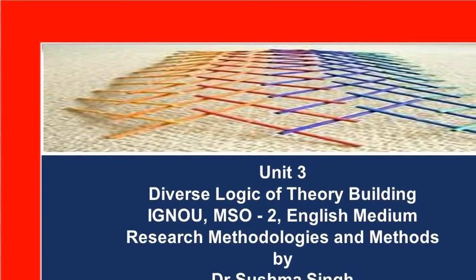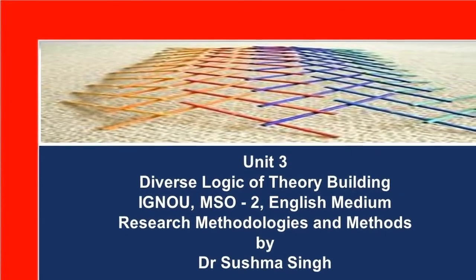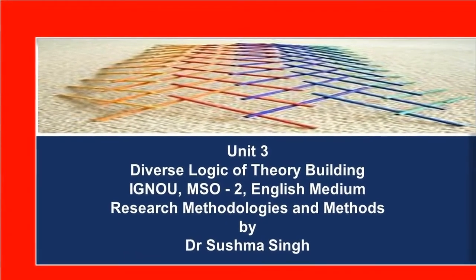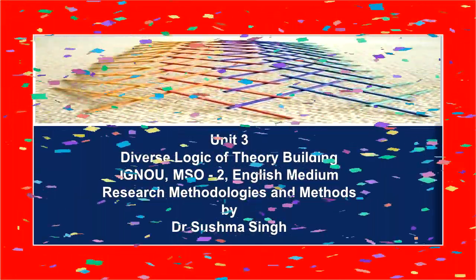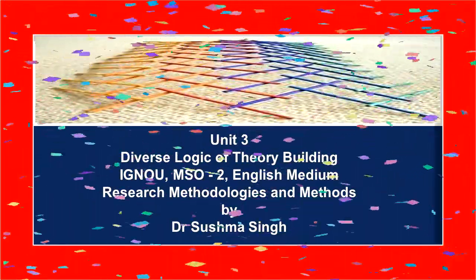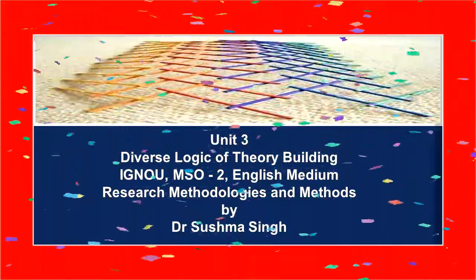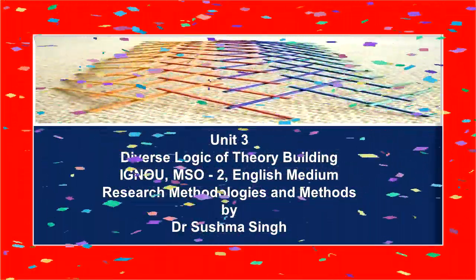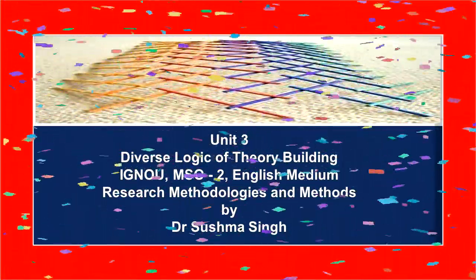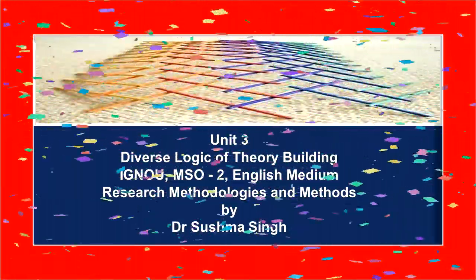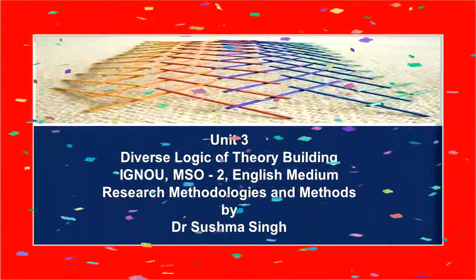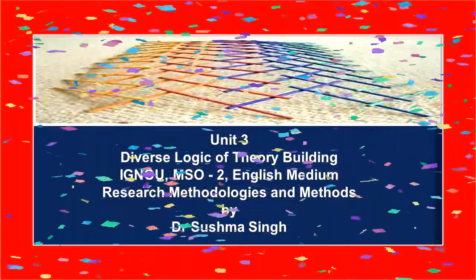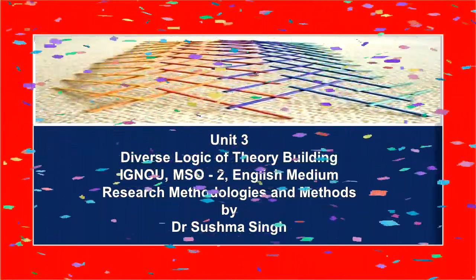Sushma Singh. Let us start discussion on Unit 3, Diverse Logic of Theory Building. And our topic is how to test a hypothesis. For setting up hypothesis testing research, we must first have a theory because the nature of the proposed relationship is ultimately derived from theory.